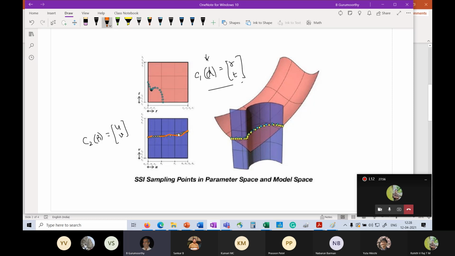Now, while there are errors between the point and the curve, because it's a planar problem, the curve will always be in the UV space. And likewise here, this curve will always be on the RT plane.